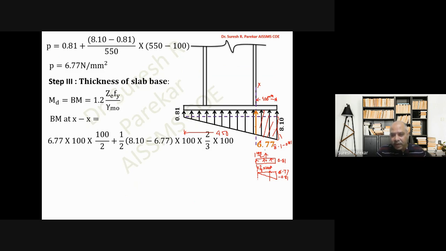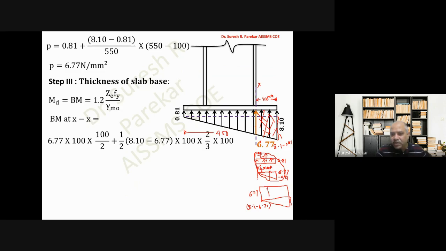So sorry, so we have this triangle portion, and then this portion we are going to get it as, so we are like this, so not that portion, so we have this portion which will be 6.77, not 0.81 actually, and this portion we have 8.1 minus 6.77. I have considered this total actually 0.81. So not 0.81, we have to consider this portion where we have this value as 6.77 and 8.1.